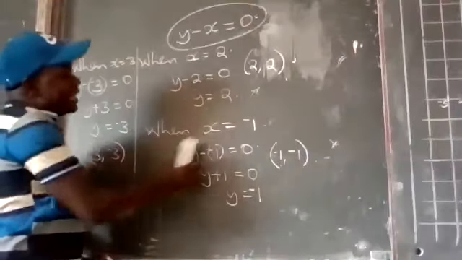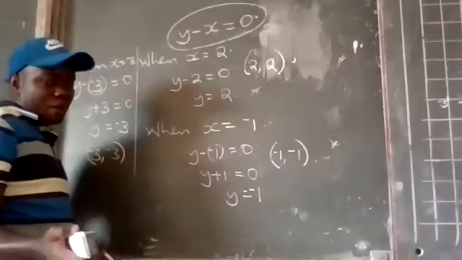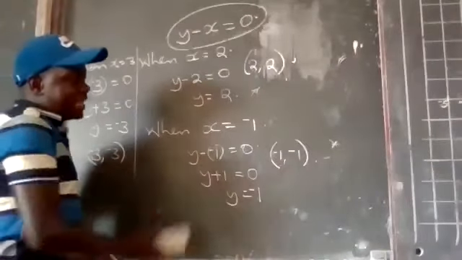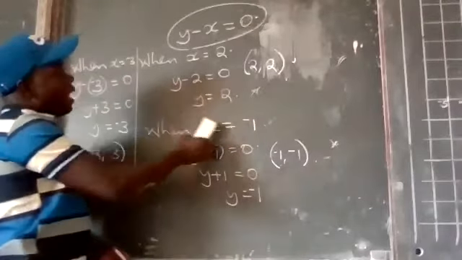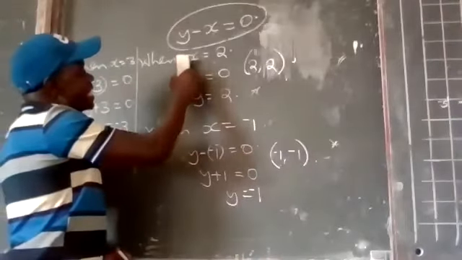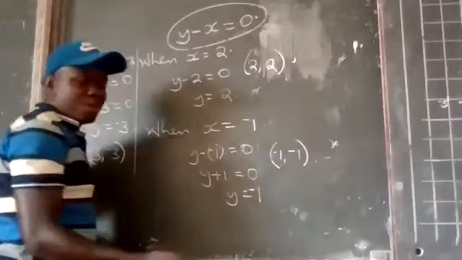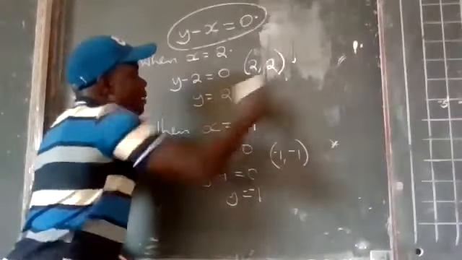Now, I have to get 3 points. Someone was talking about 2, but I said that the third one is to confirm that my points are correct. Now, how do I get the points? I say that when x is equal to this, what will be the value of y? After getting the value of y, I form a point.